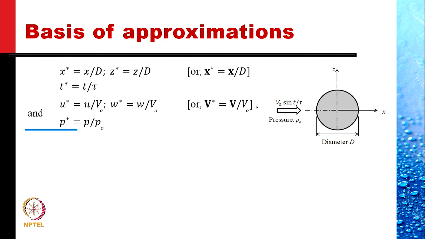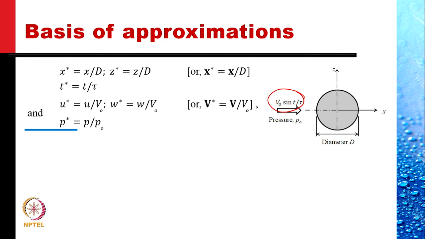The free stream has a pulsating velocity V naught sine t by tau, where tau is a given time period. The pressure far stream is P naught. The diameter of the cylinder is d. It is a two-dimensional flow. Independent variables are x, z, and t.